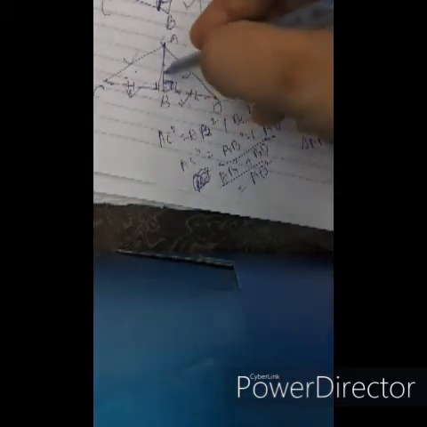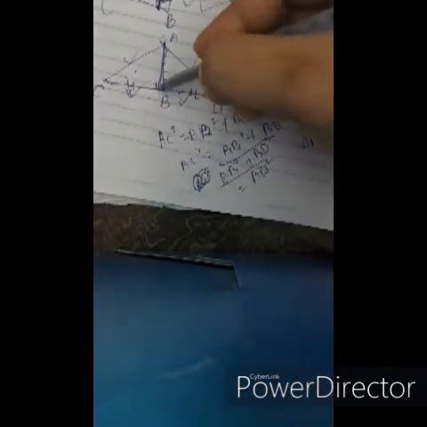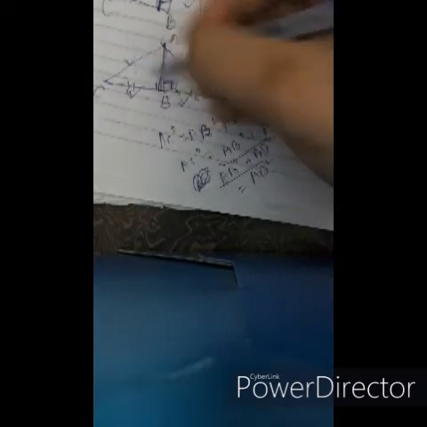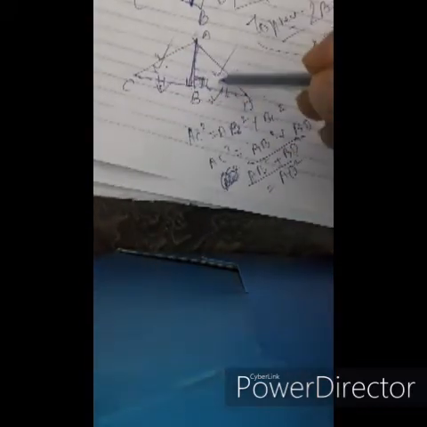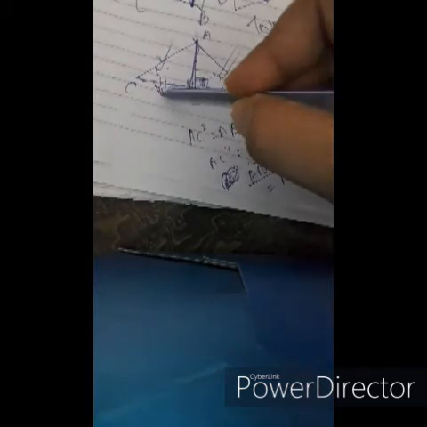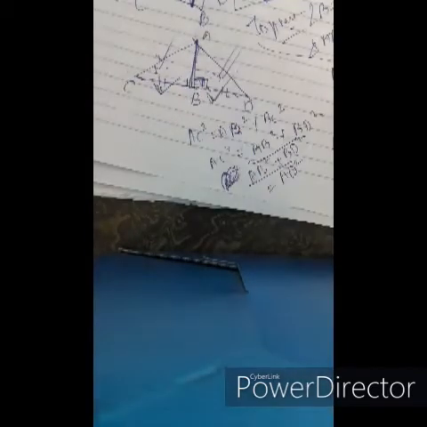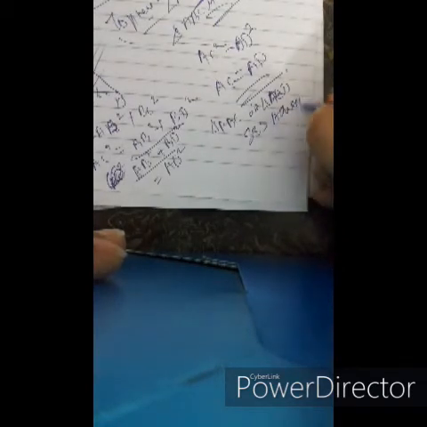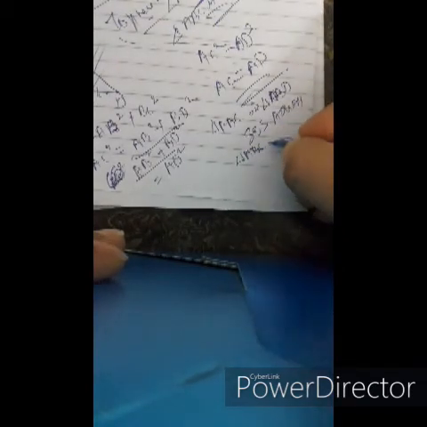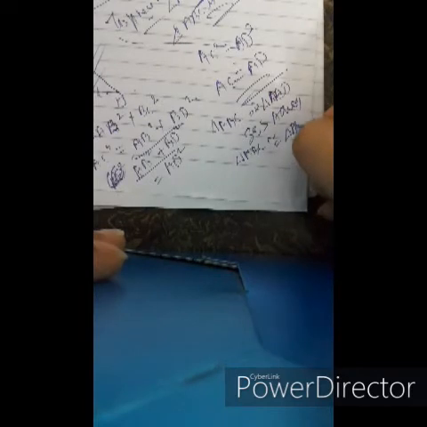For both the triangles, AB is the common arm. We just proved that AC equals AD, and by construction BC equals BD. So by SSS axiom we get triangle ABC is congruent to triangle ABD.